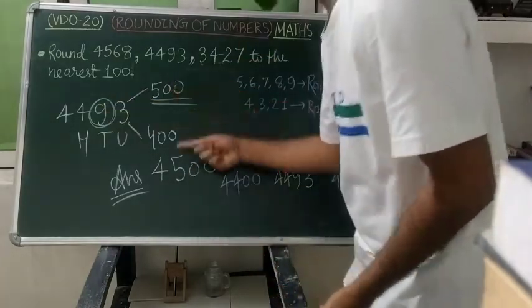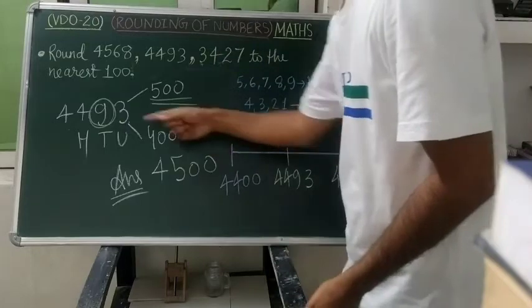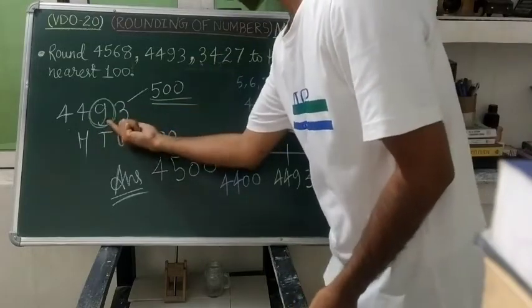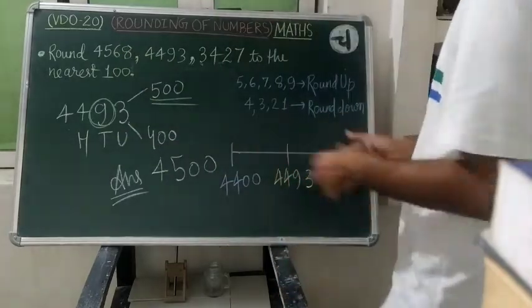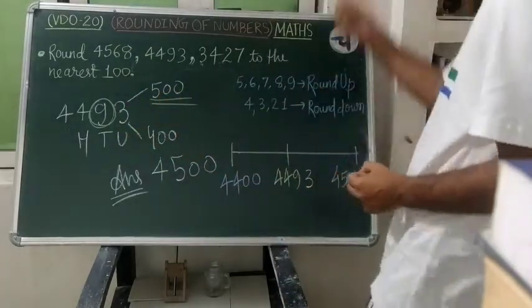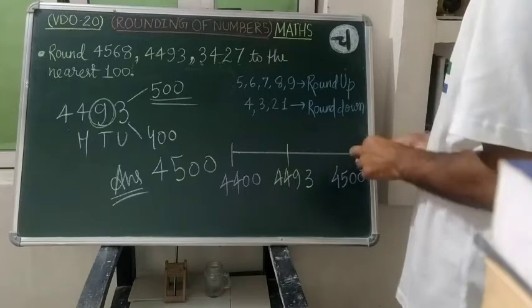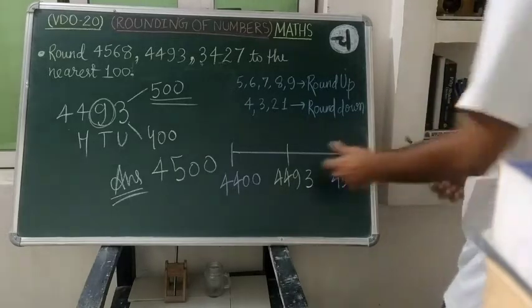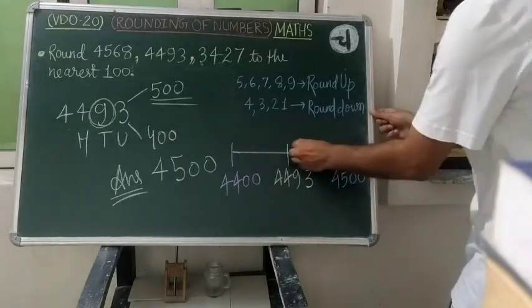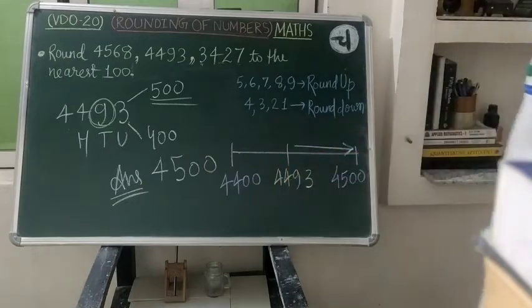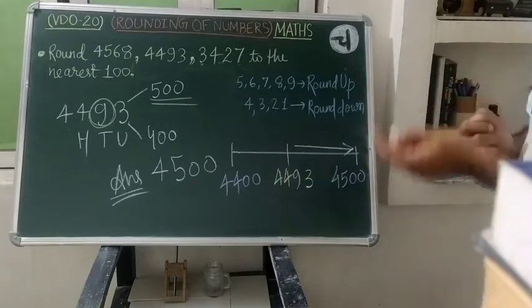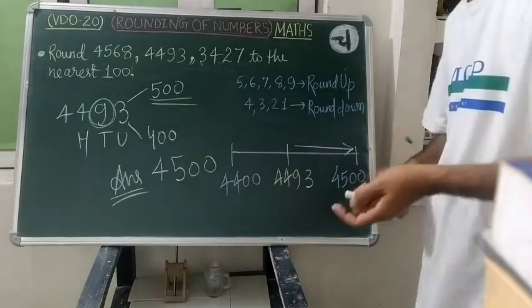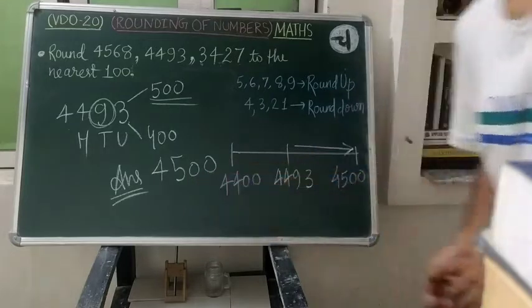We have read the multiple, we have selected the number present on the right side of the place, and that is 9, and for 9 we will round up. So this 4493 will go to 4500 since we are rounding up. So it is the second one answer, 4500.